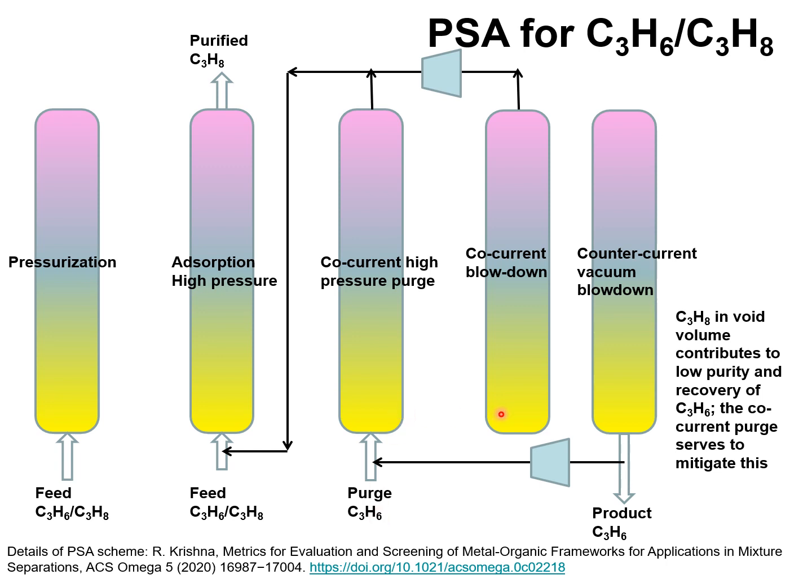This is followed by co-current blowdown operations, followed by countercurrent vacuum blowdown. Any propane that remains in the void volume will contribute to loss of purity of the desired propylene product. And in order to mitigate that, we introduce the co-current high pressure purge step here.